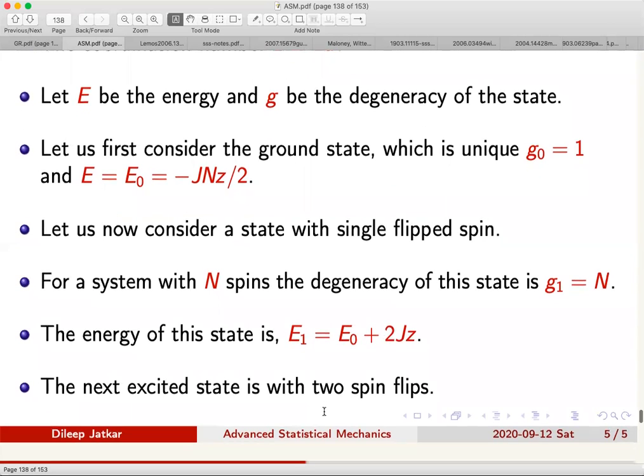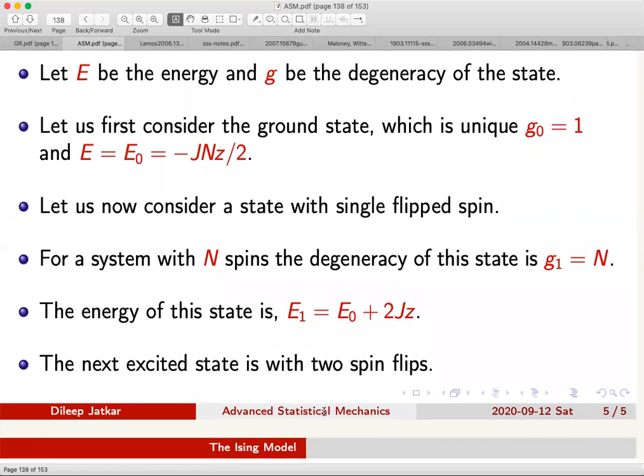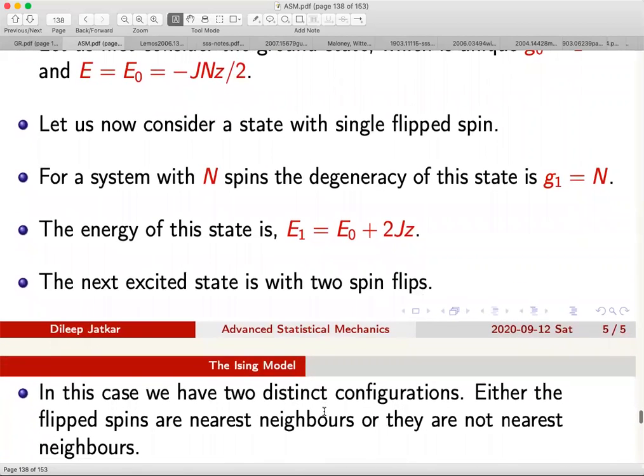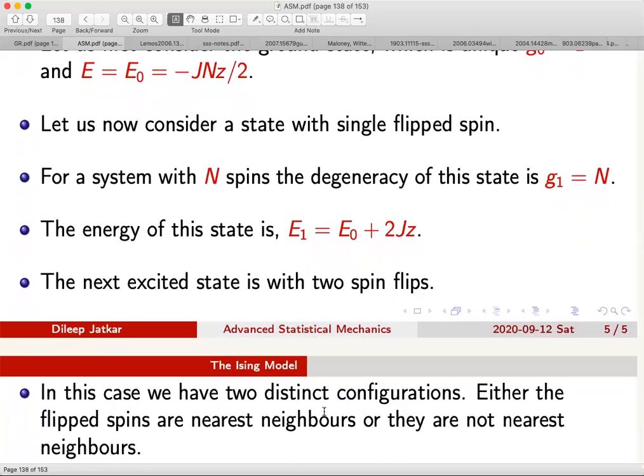So the next thing would be the state with 2 spin flips. If you're looking at the state with 2 spin flips, you have 2 possibilities. One possibility is that you have 2 spins which are nearest neighbors and they are flipped, or the other possibility is that they are not nearest neighbors.